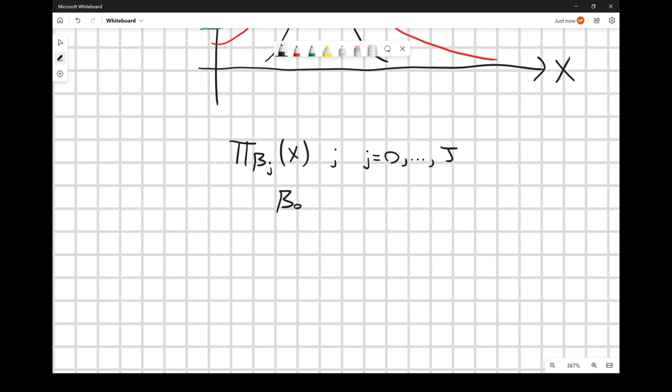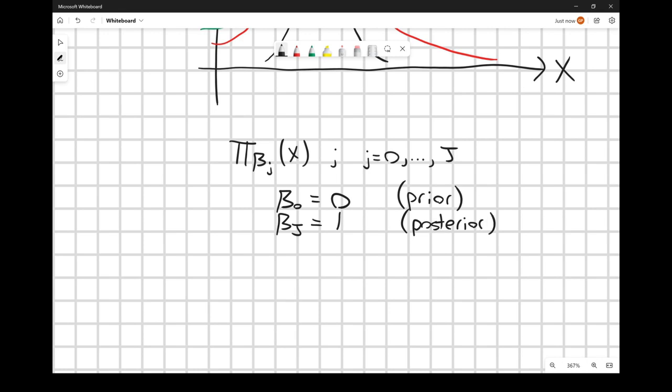Beta 0, our first target distribution, is equal to 0. As we saw before, that is equivalent to sampling from the prior. Beta capital J, the final one, is equal to 1. As we saw earlier, that's equivalent to sampling from the full posterior.